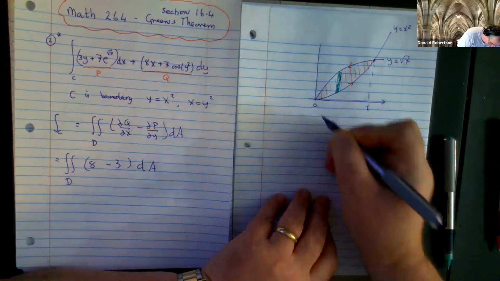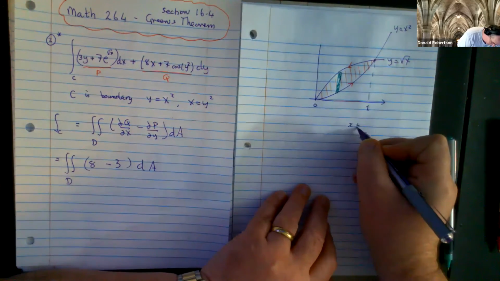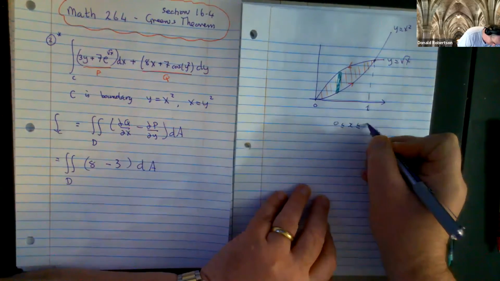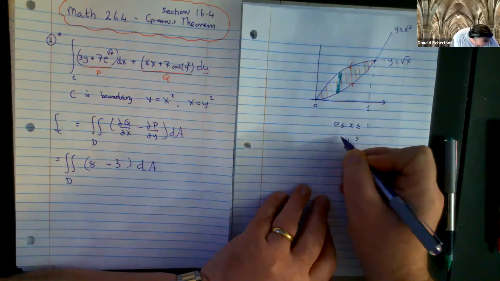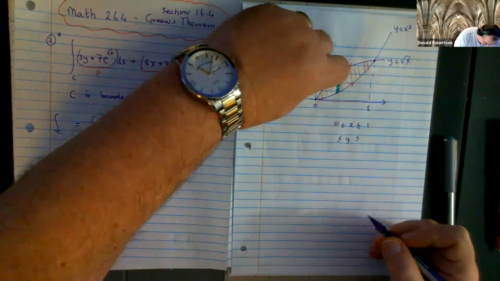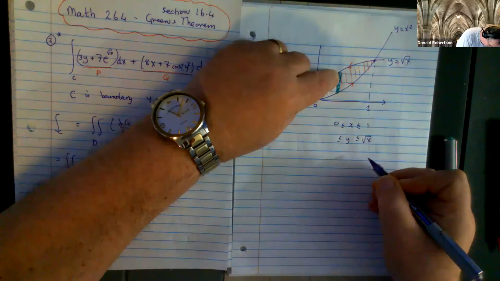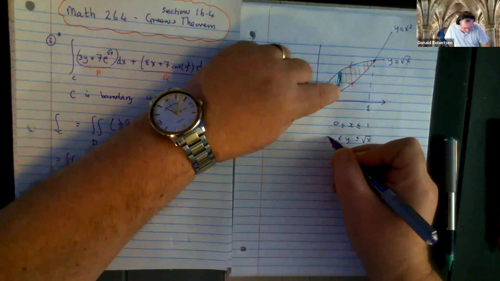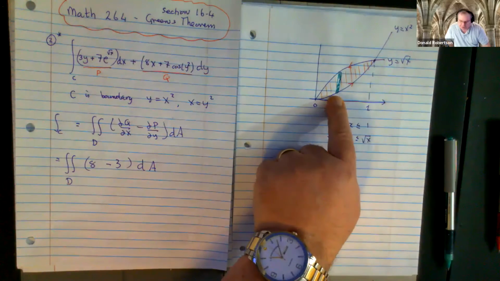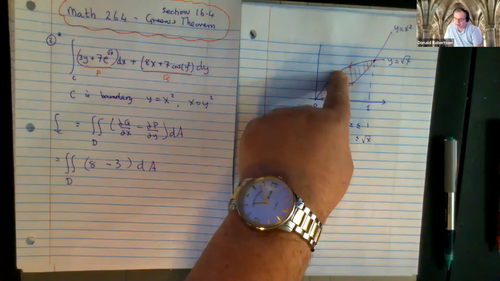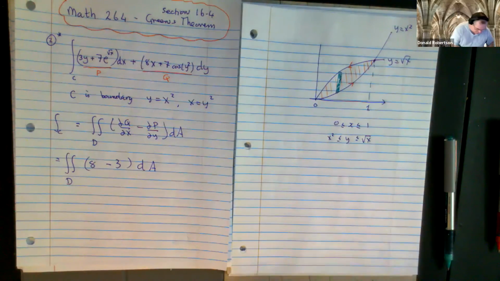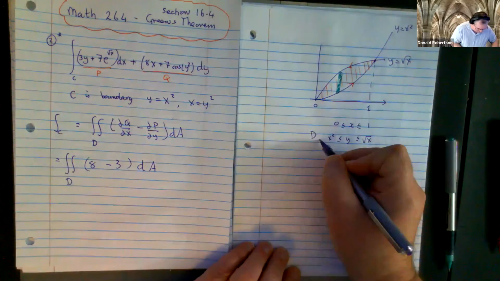So I would be doing x going from 0 to 1. And y would be going from the top guy, square root of x, to the bottom guy, x squared. Are we good with that? So that's basically region D described.